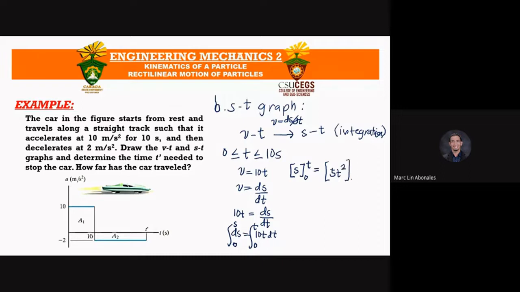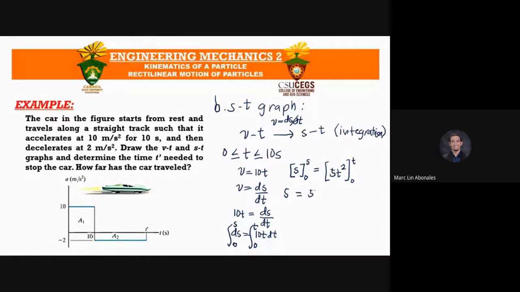So that would be 0. Okay, namali lang ko dire. So this must be S. Then you substitute the upper and lower limit. So upper minus lower gihapon. So S minus 0. So that would be S is equal to upper minus lower diri sa right side. So 5t squared minus 0. That would be 5t squared.